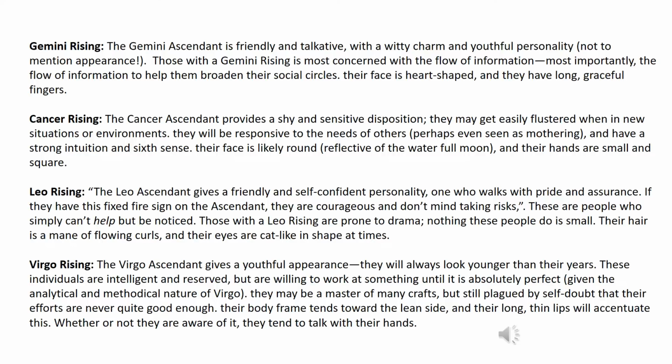So being of service, that sixth house, that Virgo, that is visible in the person, a person who's helpful. It's a person that can master many different things, crafts, but it's also a person that has a giant fear that it's not going to be good enough.